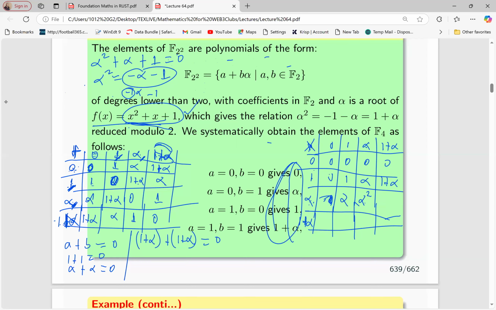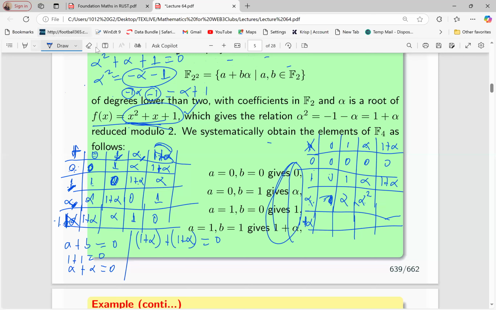And this one again, added to it, becomes positive 1. So what we then get is alpha plus 1. So instead of alpha squared, therefore, we have alpha plus 1, or 1 plus alpha.